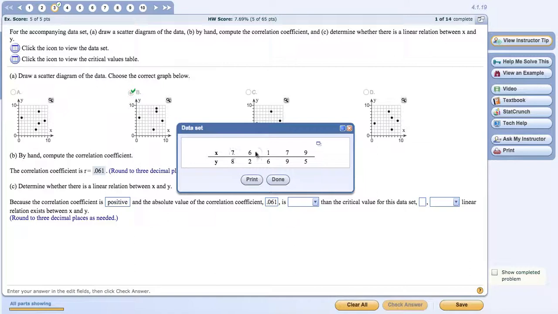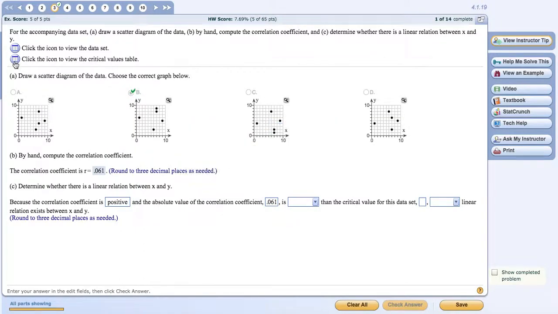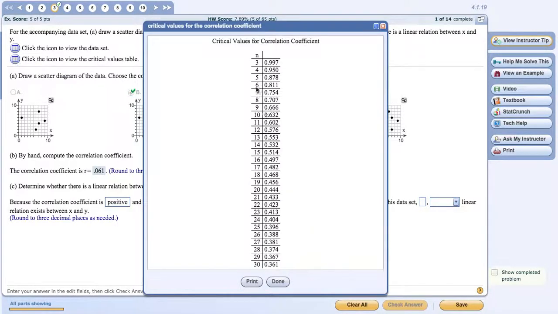The data set has 5 data points, 1, 2, 3, 4, 5. So when we go into this critical value table, that is our sample size, 5. So the critical value for the correlation coefficient is 0.878.